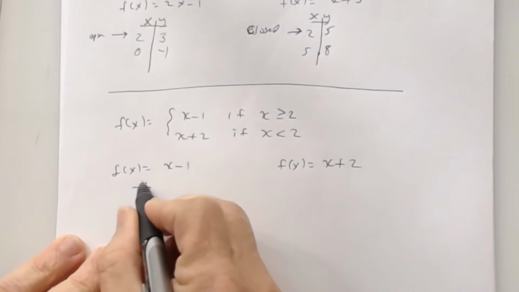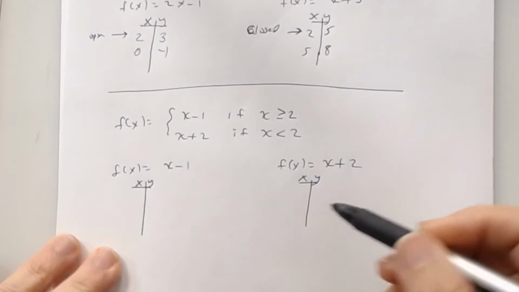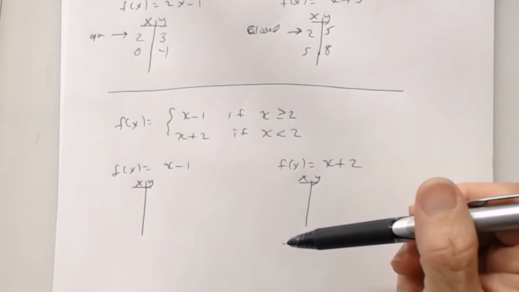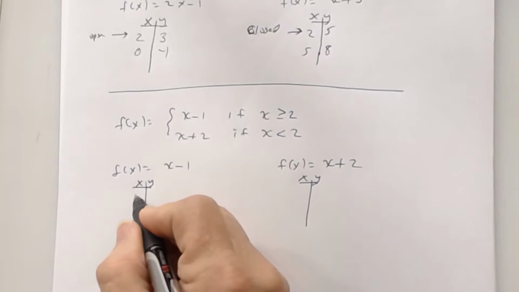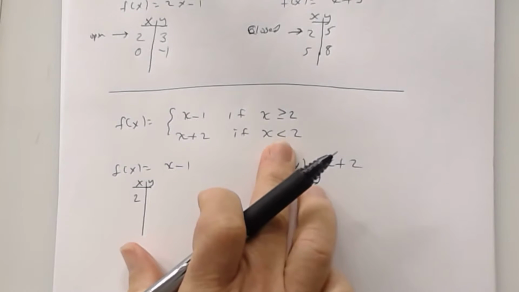And you're going to do your t-table. Based on our discussion a while ago, you have to use what number for both? 2. The left side or the right side, which one's going to have the open circle? The right side, because that's the one that doesn't have the equal sign.